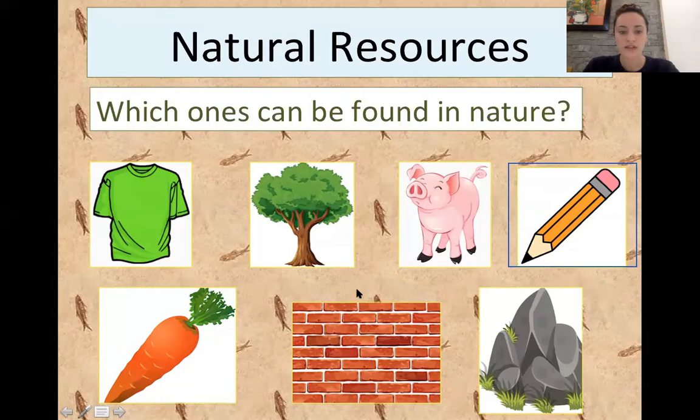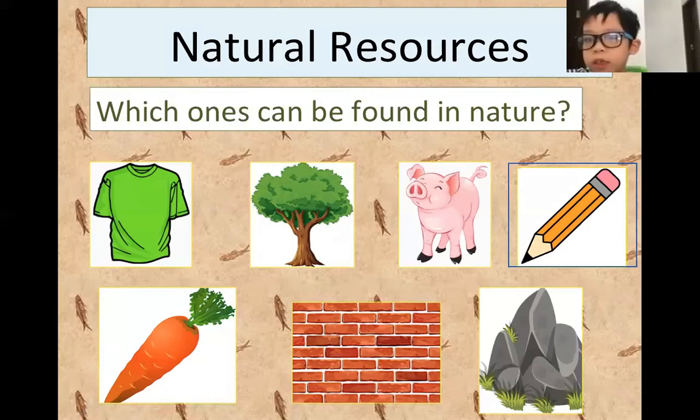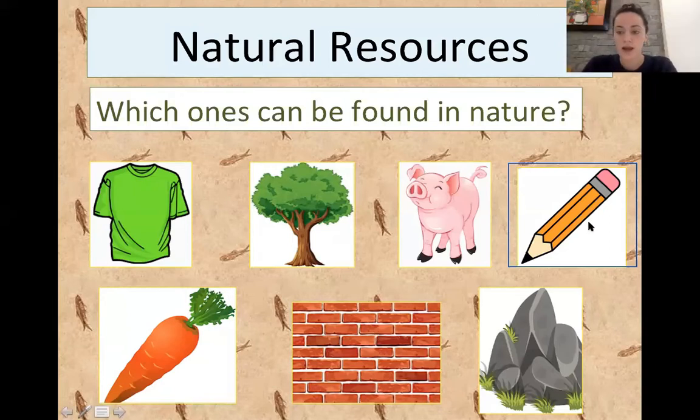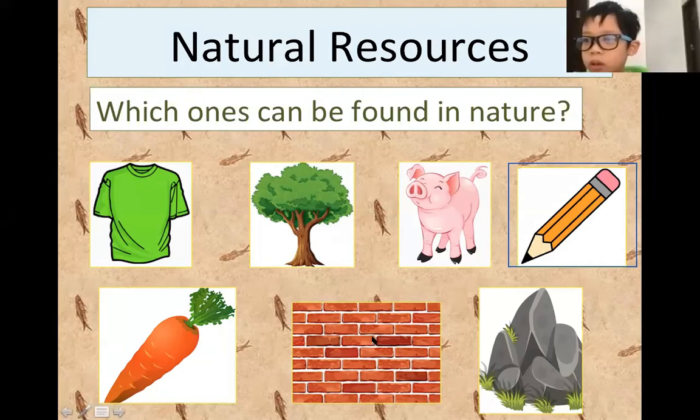What natural resource do we use to make a pencil? Sino, what natural resource do we use to make a pencil? To write something. That's what we use it for, but what natural resource do we use to make a pencil? What is a pencil made out of?